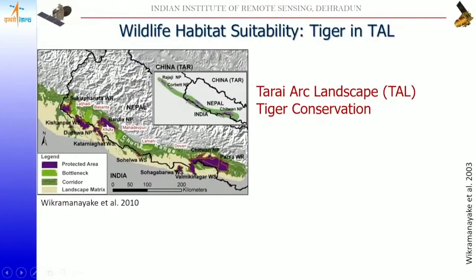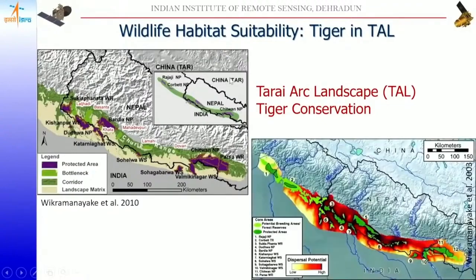So considering the distribution of large mammals, especially the tiger, the study was conducted, and here you can see the distribution of protected areas in this area, the important corridors for the movement of the species, and the different landscape matrices. Based on the fragmentation analysis or the distribution of the suitable habitat patches, this analysis was done.